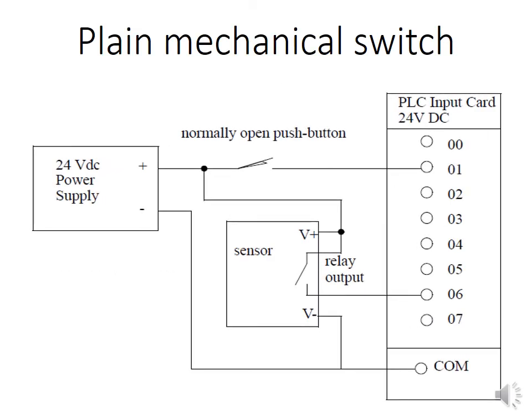The plain mechanical switch connection is basically a circuit loop that links a power supply and the receiving circuit. In our case, the receiving circuit is a PLC input card.